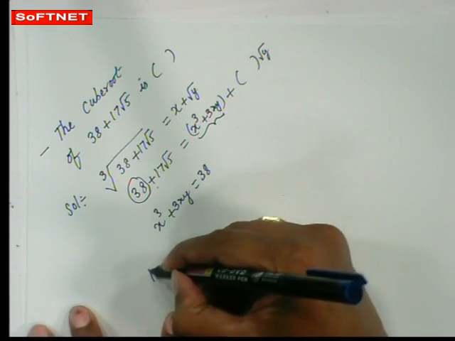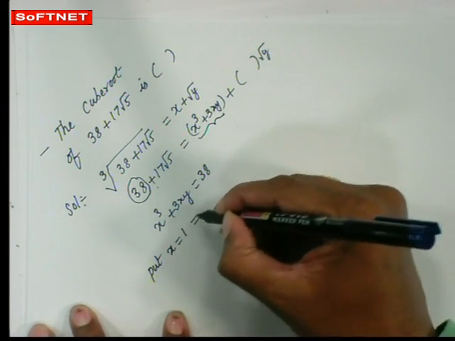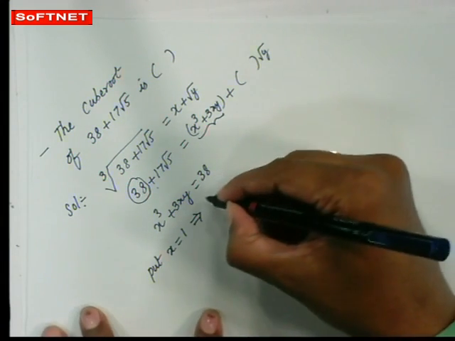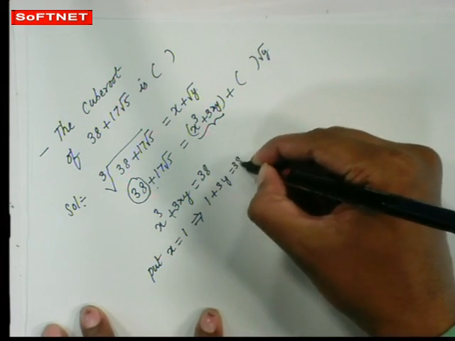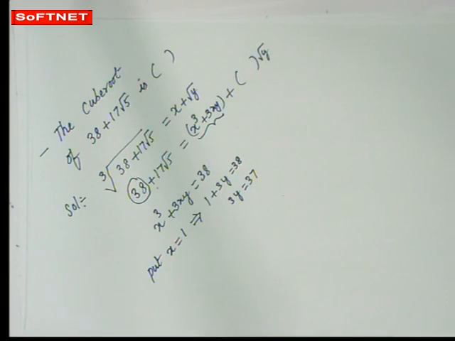First trial and error, put x is equal to 1. Let us see what we get. Just think. Yes, here we get 1 plus 3y is equal to 38. 3y is equal to 37. 37 is not actually a multiple of 3. Am I correct?